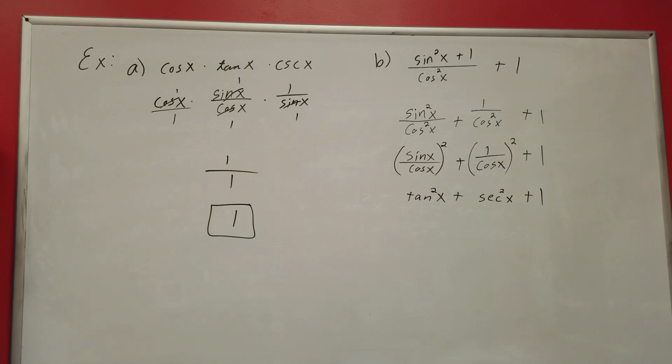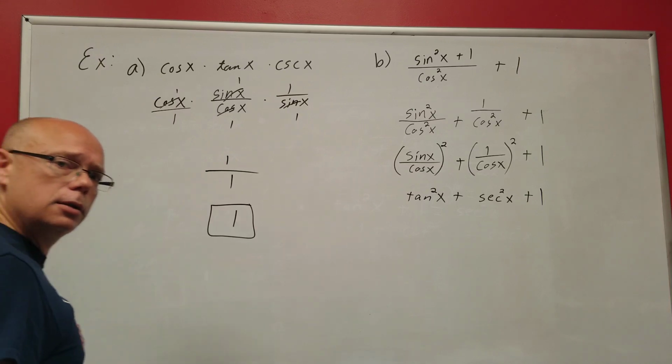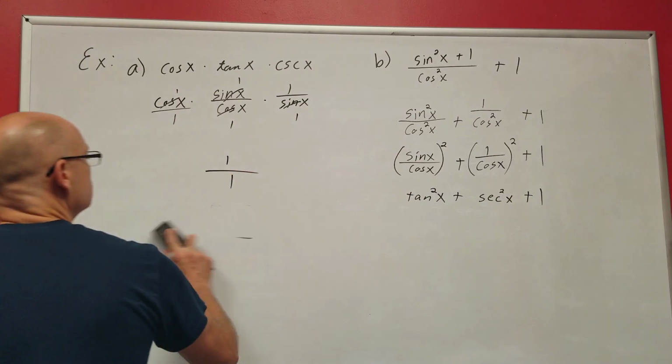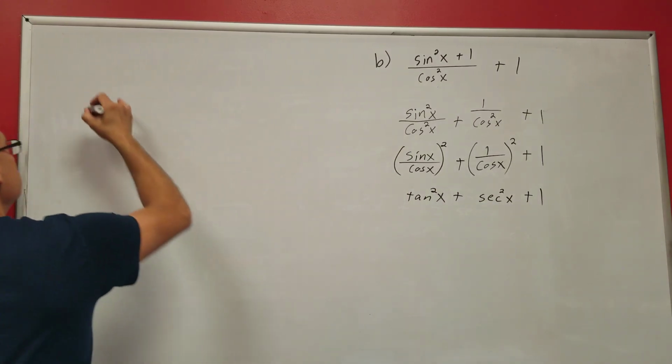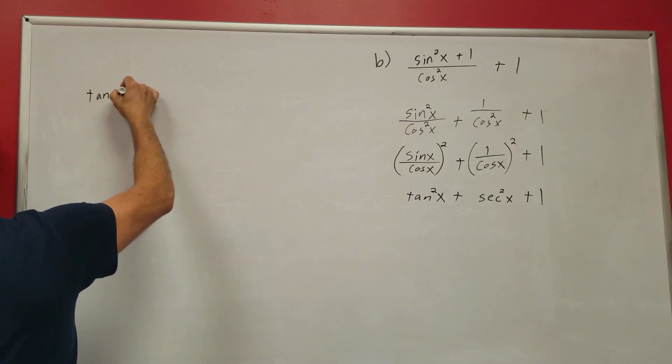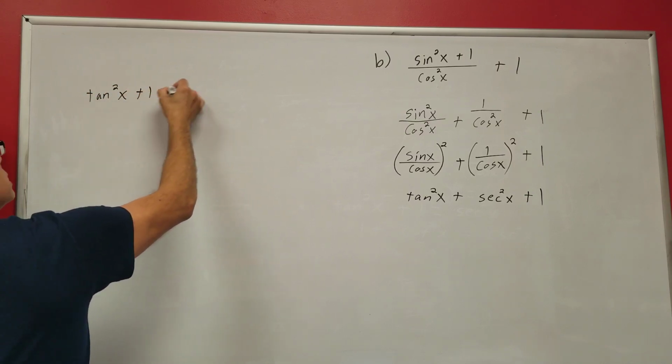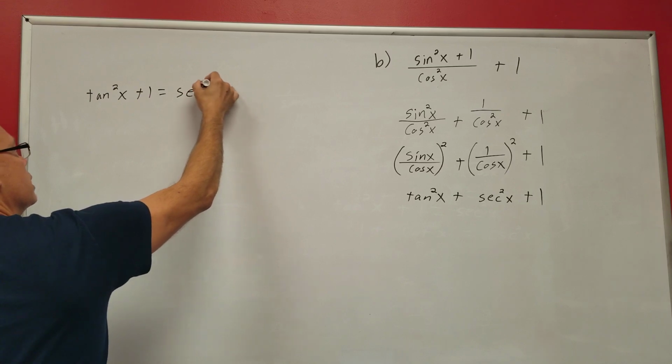What did we have on the board earlier? What's the very first thing we did? We verified some identities, right? And didn't we have an identity that had the tangent squared in it? So we had a Pythagorean identity that looked like tangent of x squared plus 1 is equal to the secant of x squared, right?